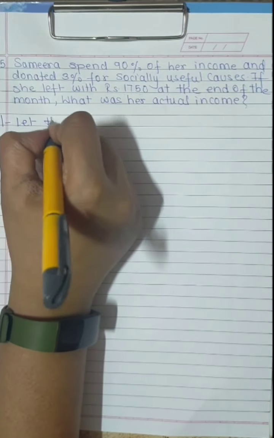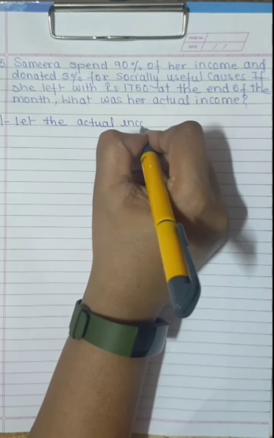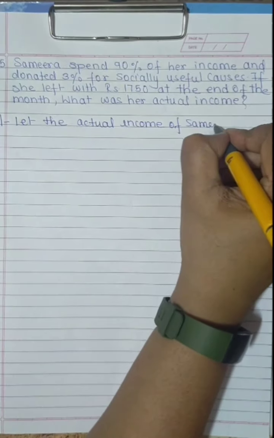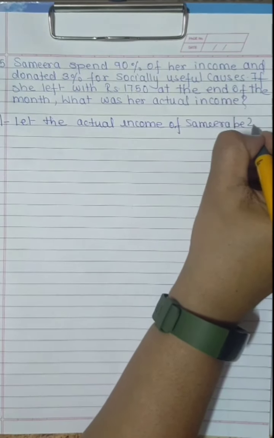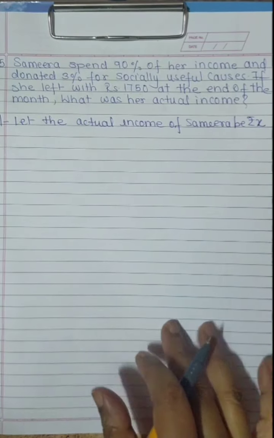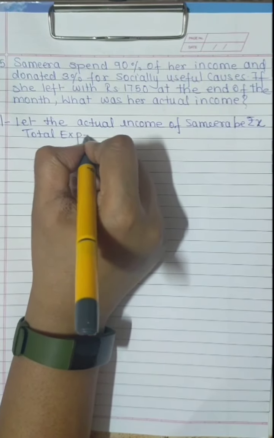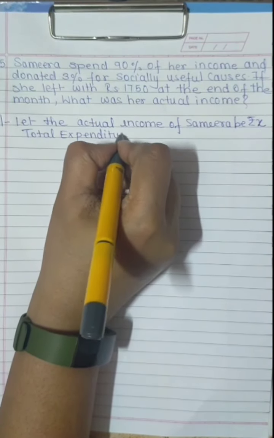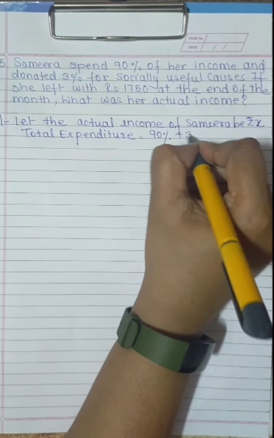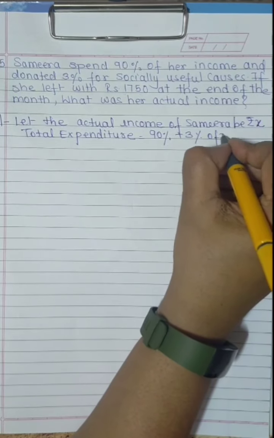Let the actual income of Samira be rupees X. Total expenditure is equal to 90% plus 3% of her actual income.